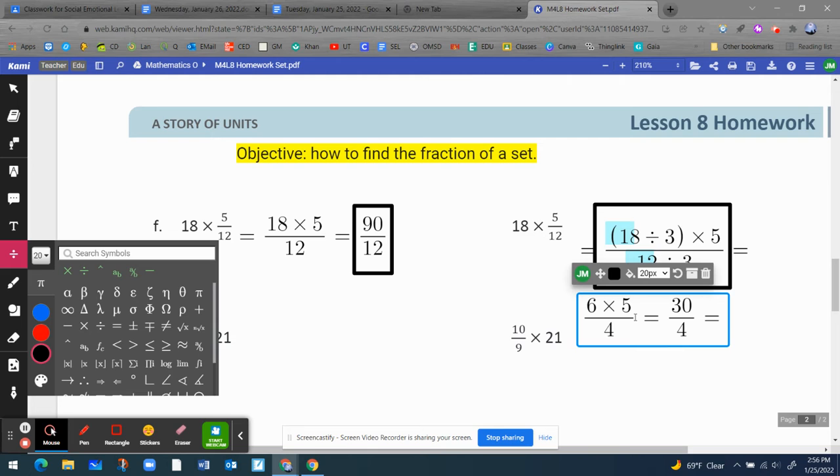How many times does 4 go into 30? 4 times 5 equals 20. 4 times 7 equals 28. So it goes into it 7 times, and that will be 28. 28 subtracted from 30 gives you 2 as the remainder, 2/4. So that will be the solution for that one.